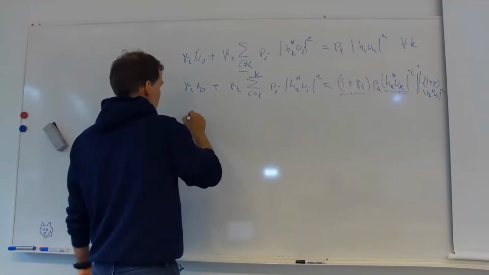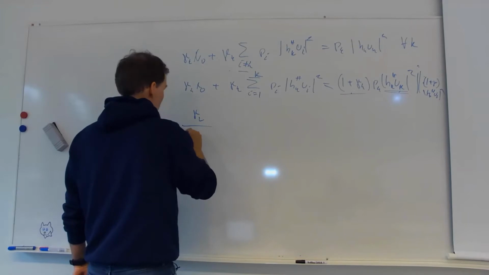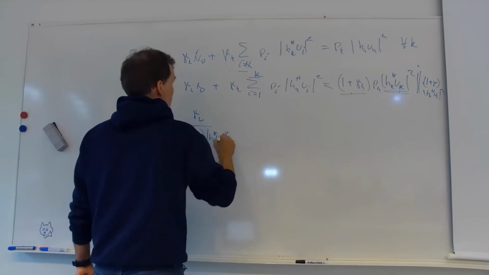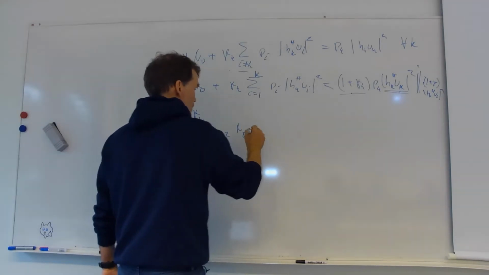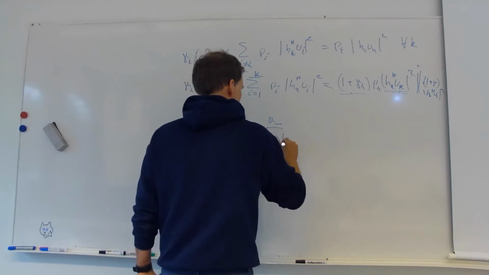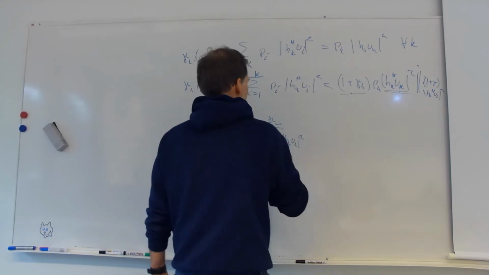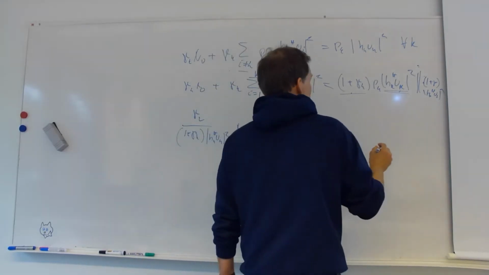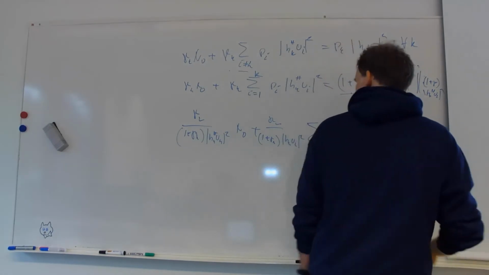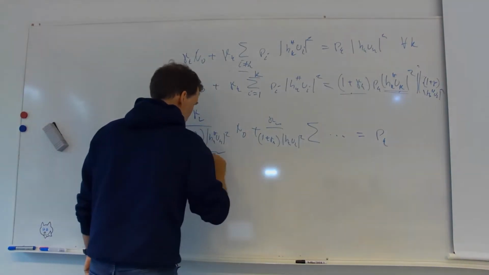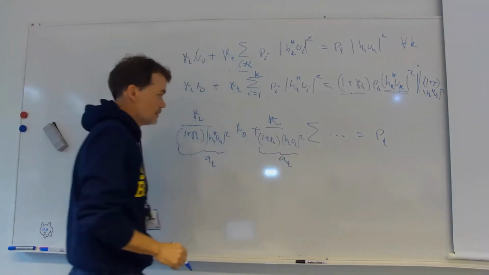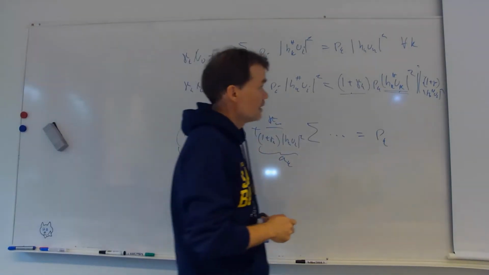What we get is gamma_k over 1 plus gamma_k times h_k^H u_k squared, times N0 plus gamma_k times the summation, and we have here the effects. And then we can just denote this as a_k, just the scalar. That's given in here.